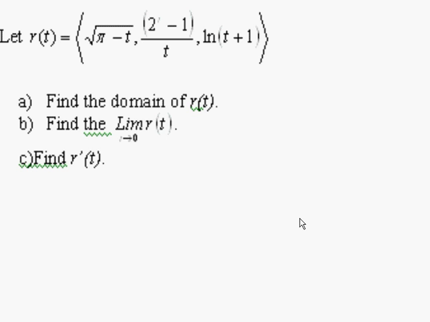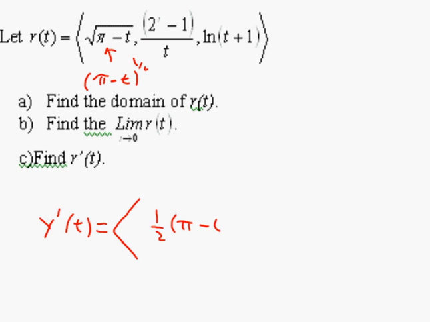So the derivative of this thing is you find the derivative of each component. So I would start by thinking of this as pi minus t to the 1/2 power. Everything else would be fine. So r prime, or whatever I call this thing, gamma prime of t is equal to, well, this is going to be 1/2 pi minus t to the negative 1/2 times negative 1 by the chain rule.